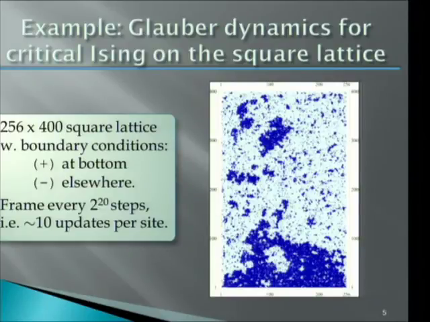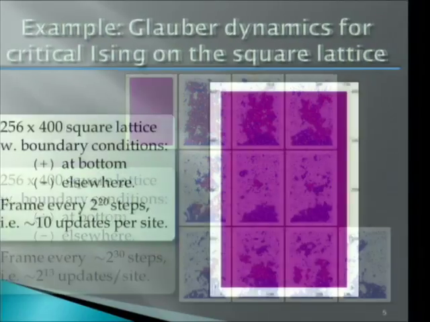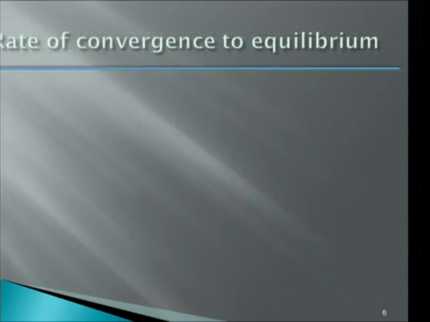And the reason is that this nice mysterious fractal surrounding the component of pluses that touches the bottom is SLE. And we'll say something about that later. Okay, on we go. Questions so far?